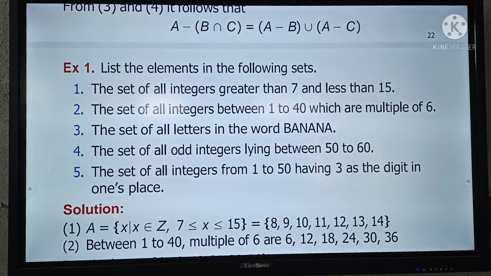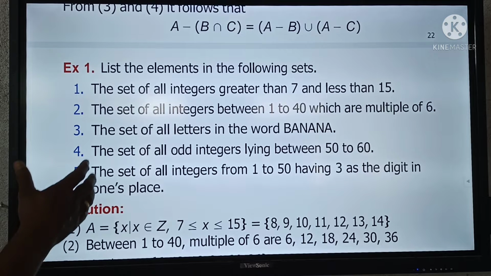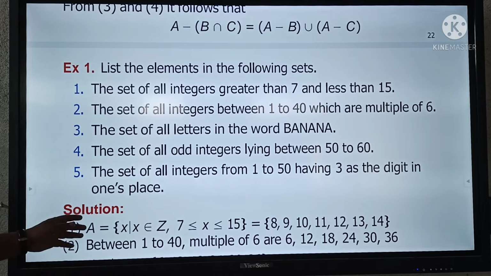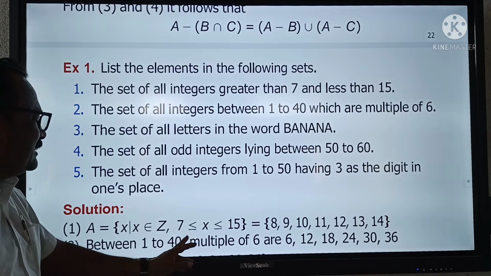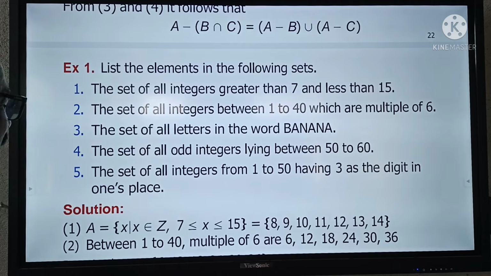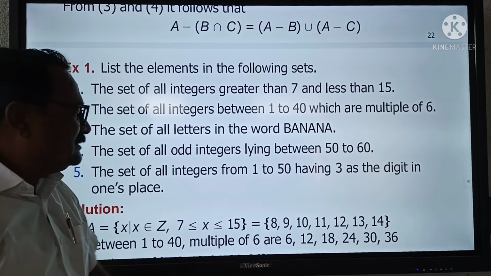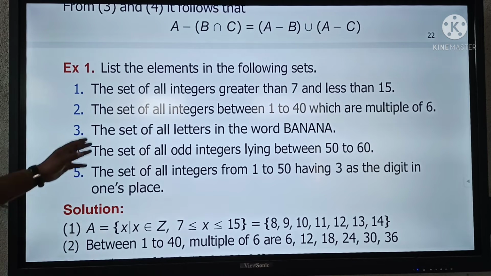List the elements of the following sets. The set of all integers greater than 7 and less than 15. Solution: x belongs to Z, x is greater than 7 and less than 15, which means actually 8, 9, 10, 11, up to 14 only.